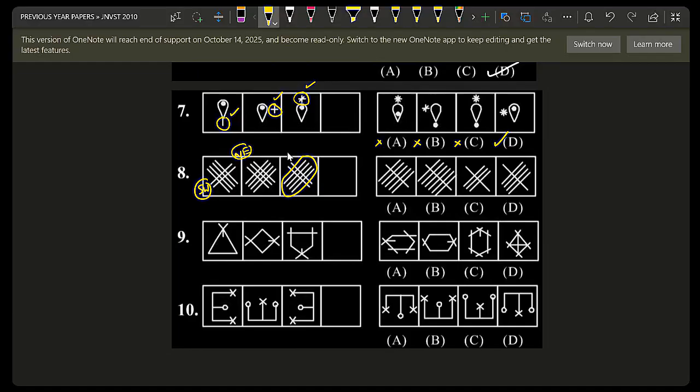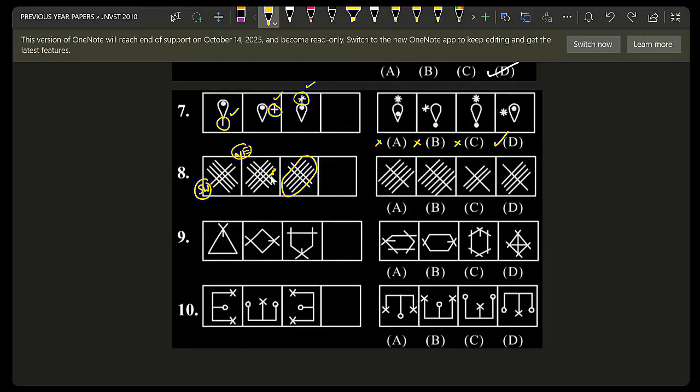Actually, there is a mistake in the figure. We will go with E for this question, because they have to mention three lines in the second figure, but they gave four lines. That might cause confusion.